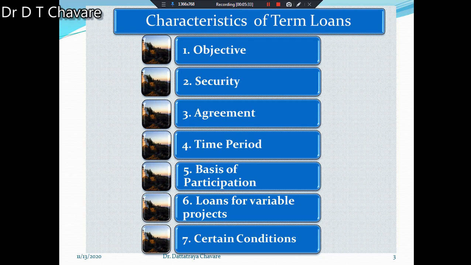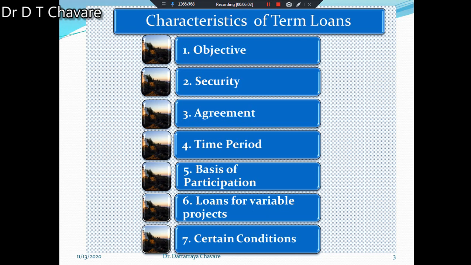They will pay their share and enter into a joint agreement with the borrower. Such participation may be for sharing the risk or for statutory regulation. If the loan is greater, there is more participation. It means the greater the loan, the more the participation. This equation you should keep in mind. This is another distinguishing characteristic of the term loan.